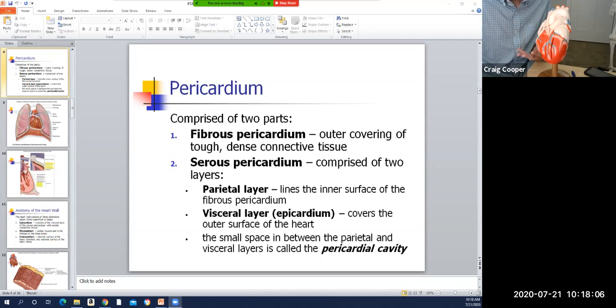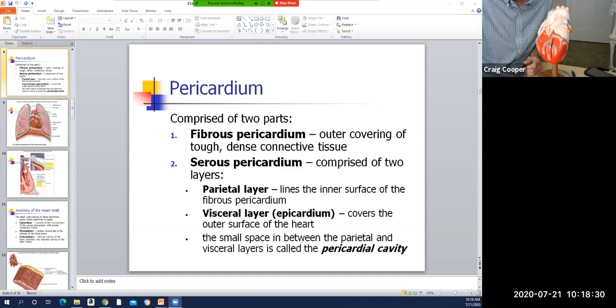If you break a rib or something, this pericardium would at least give you a little bit of ability to protect the heart from puncturing right through. If we just had a more pliable, soft layer, it would be a lot easier for a sharp object to penetrate in there. So that fibrous pericardium is mostly collagen, very whitish in color, and kind of leathery feeling.